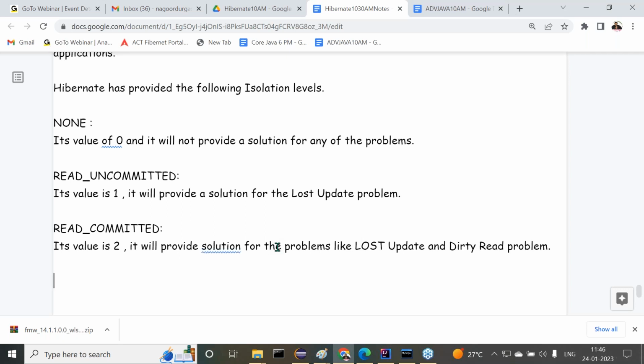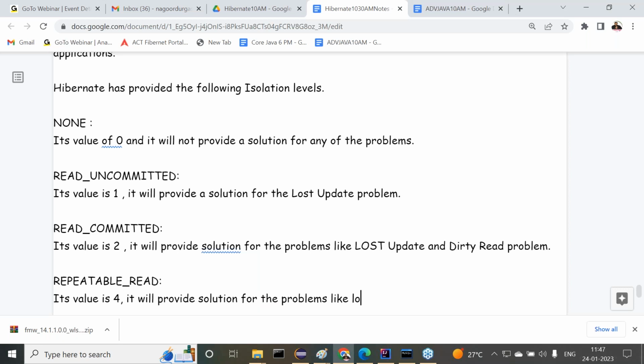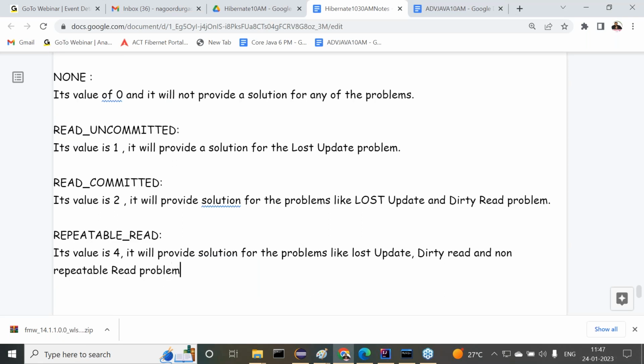Next one is REPEATABLE_READ, a constant. Its value is 4. It will provide a solution for problems like lost update, dirty read, and non-repeatable read problems.